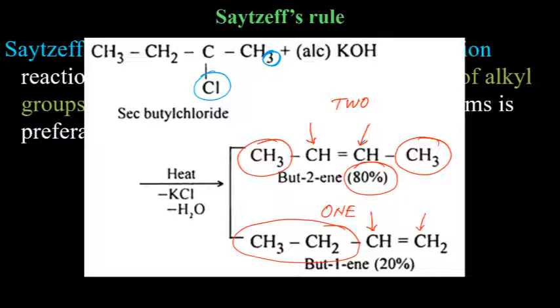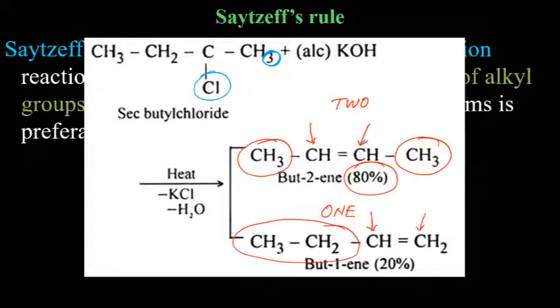Is the rule clear? You just need to see where the double bond is. So there can be two possibilities. Out of those two possibilities, you need to consider the carbons of the double bond, and then how many alkyl groups are attached to those carbons.